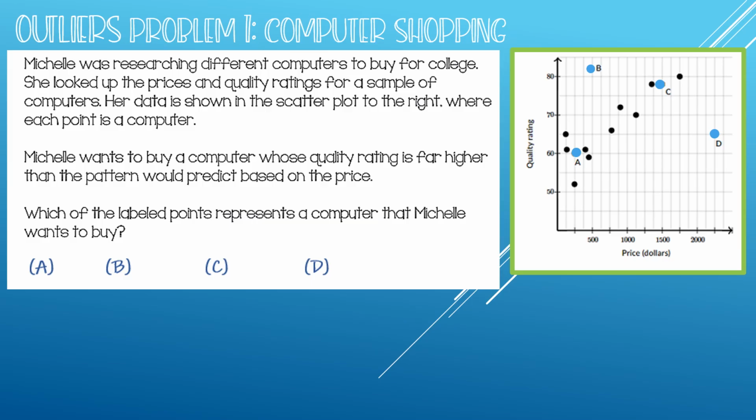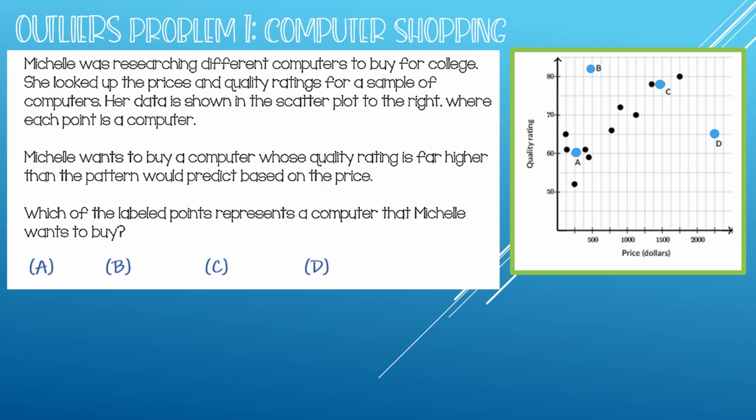Outlier problem number 1, computer shopping. Michelle was researching different computers to buy for college. She looked up the prices and quality ratings for a sample of computers. Her data is shown in the scatter plot to the right, where each point is a computer. Michelle wants to buy a computer whose quality rating is far higher than the pattern would predict.